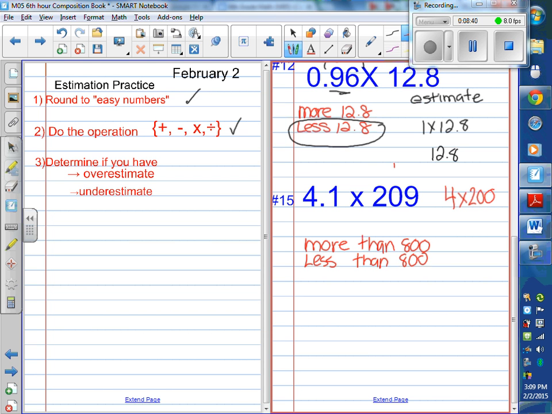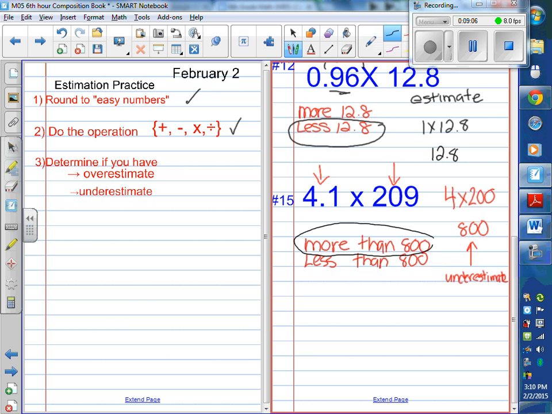So that's okay because he rounded them both down. So 4 times 200 is 800. But this estimate here is an underestimate. It's smaller than the real thing. So the real thing has to be more.